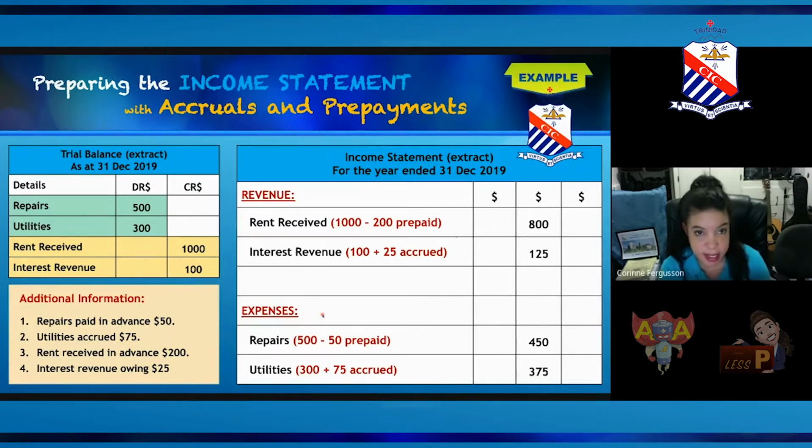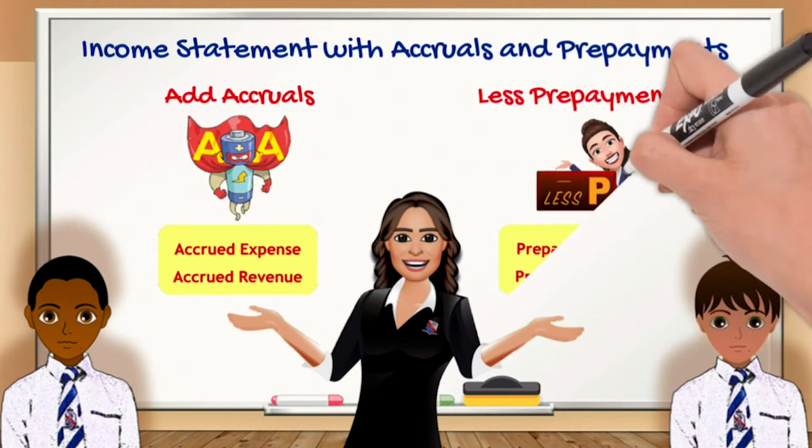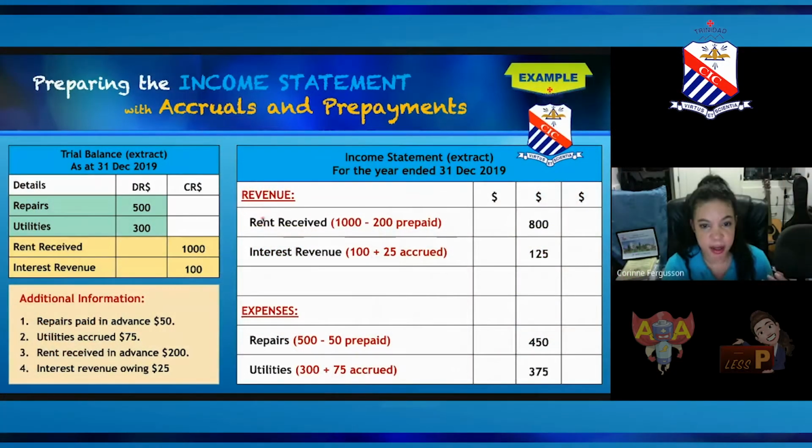For all the exercises, we're going to be repeating over and over until it's stuck in your head. And we had the revenue, and you can tell from this, since we less it, it was a prepayment, that would be this one here, the rent received in advance. And the interest revenue, note number 4, was owing $25.